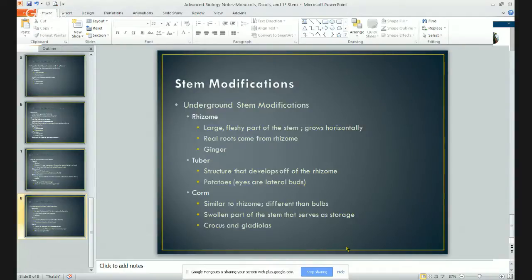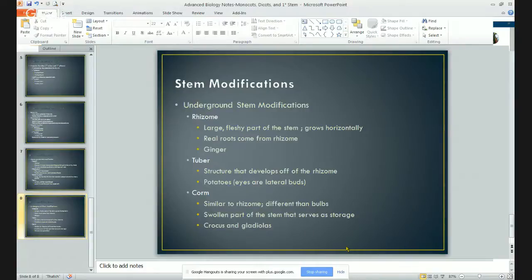Your next one is a tuber. That was always a fun word, I thought. It's a structure that comes off of that rhizome. So think of a potato. Potatoes are tubers.